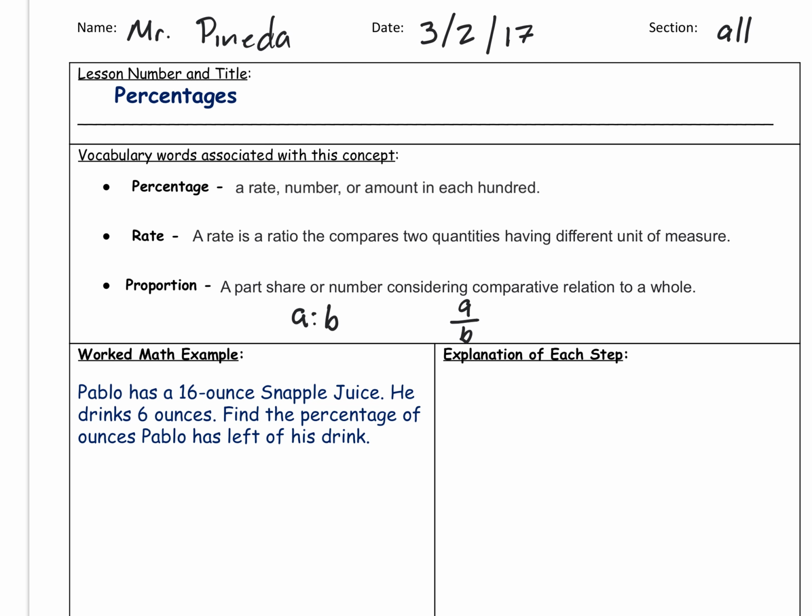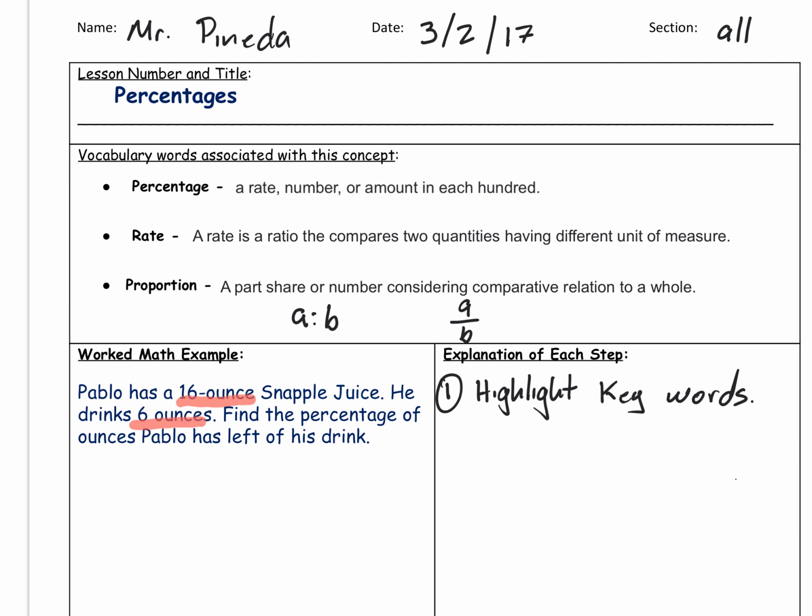Now, the first thing we need to do is highlight the important information. In this case, we need to highlight that he started with 16 ounces and then he drank 6 ounces.